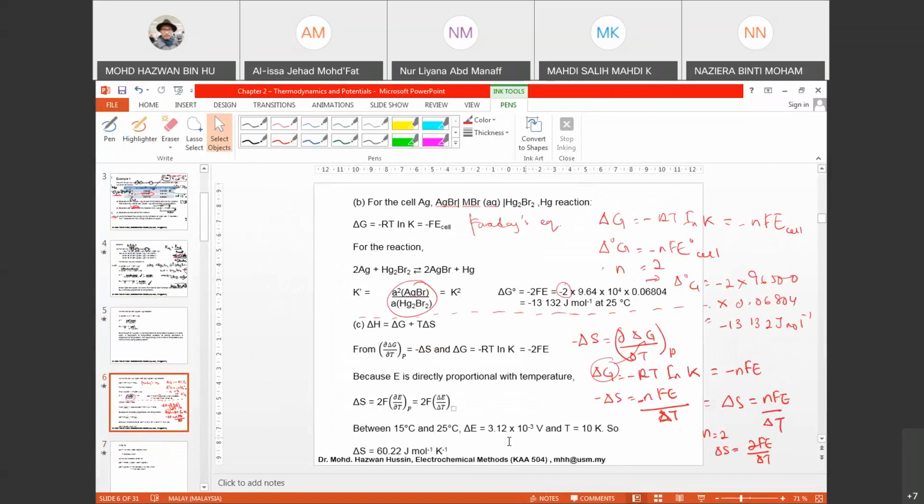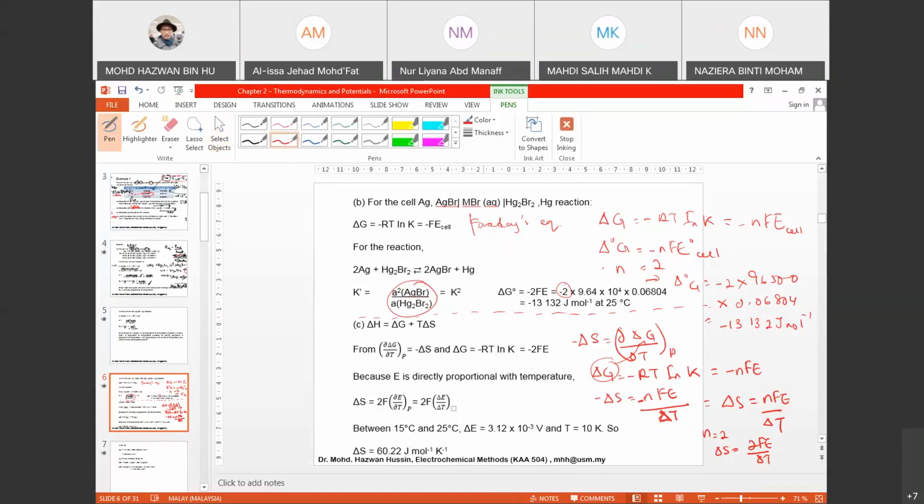That is equal to 3.12 to the power of negative 3, which means 0.00312. The difference of temperature is equal to 10, because 25 minus 15 degrees is 10. Even if you convert it into Kelvin, it is the same thing. When you subtract the two values, 298 minus 288, you will get 10 Kelvin.